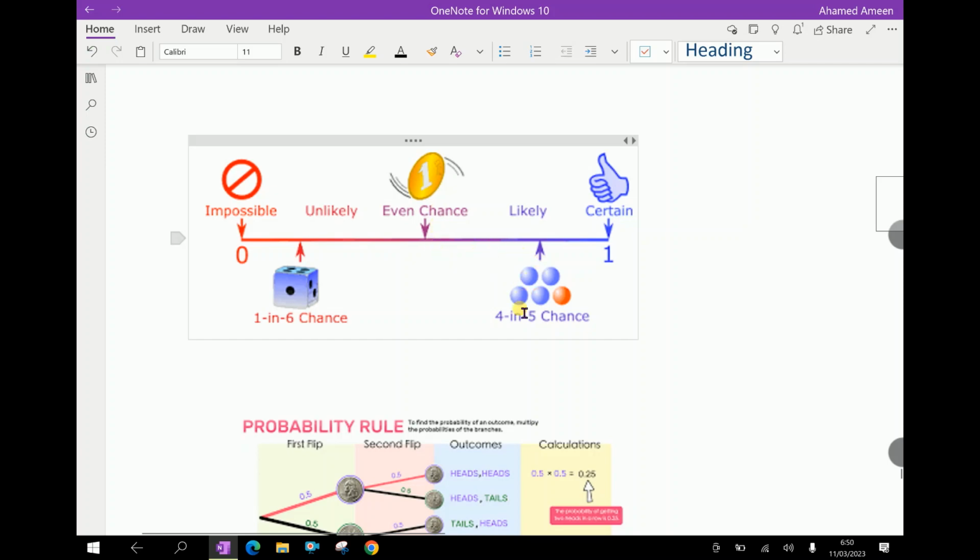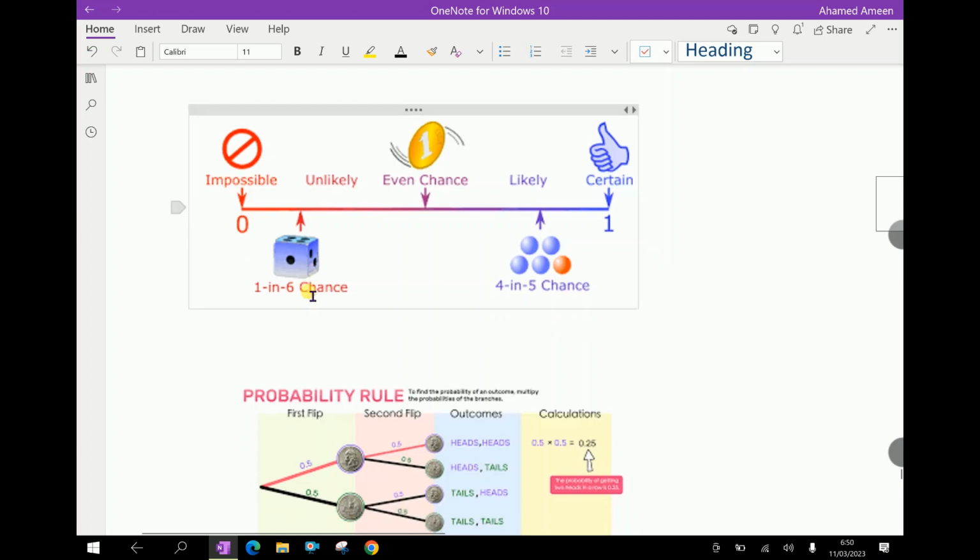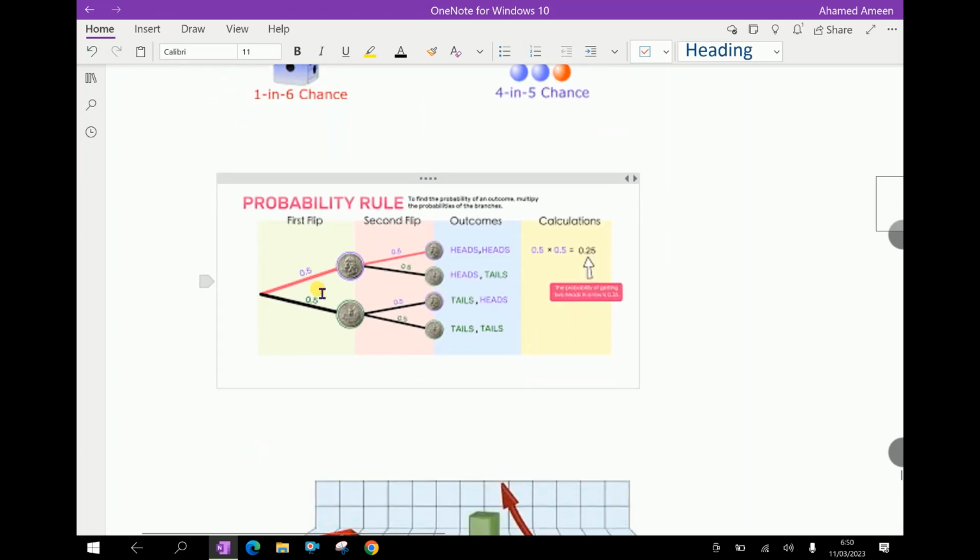More than that, 4 in 5, is called likely. If all chances are there, it's called certain. Probability is a very interesting subject for forecasting things in the future. What will happen to a business is mostly related to statistics.